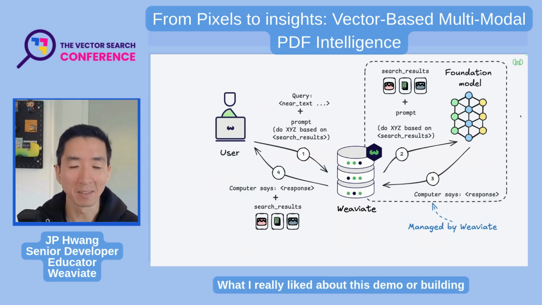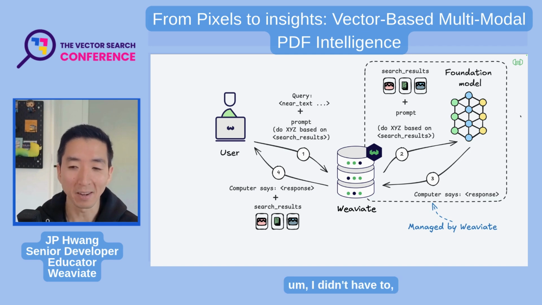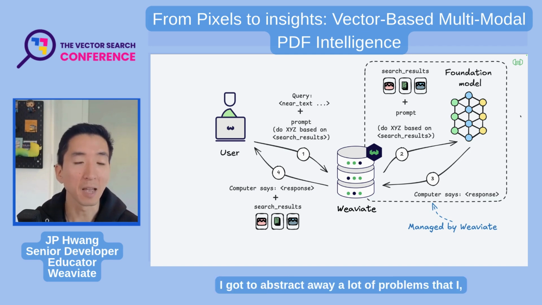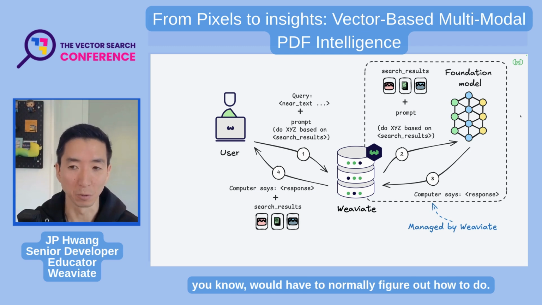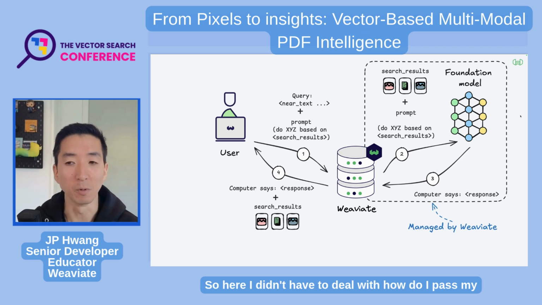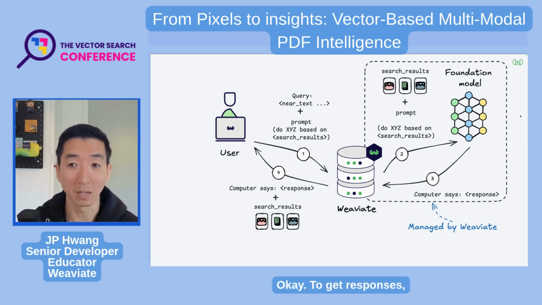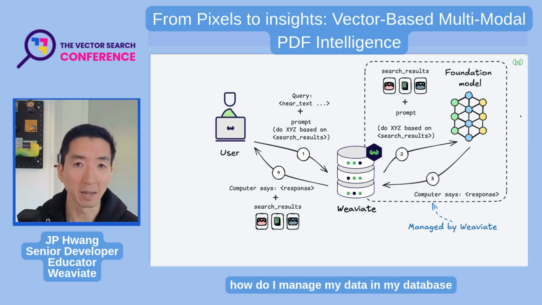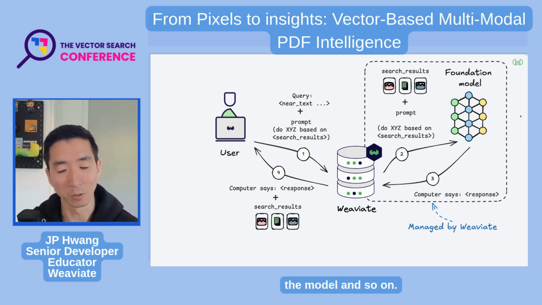What I really liked about building this demo was that because I got to work with Weaviate, I got to abstract away a lot of problems that I would normally have to figure out how to do. Here I didn't have to deal with how to pass the images I found to a foundation model to get responses, or how to manage my data in my database to make sure I get the right objects and send them to the model.